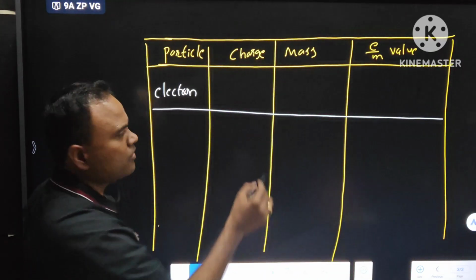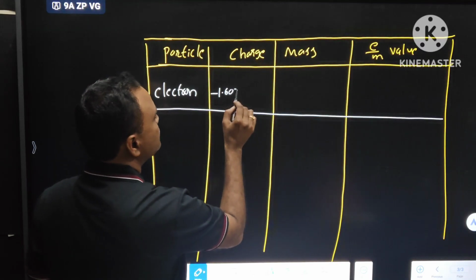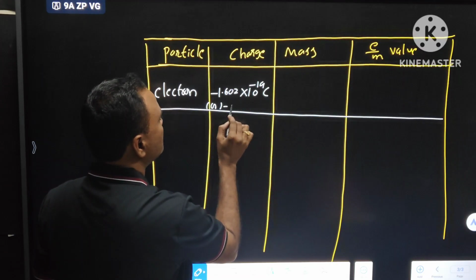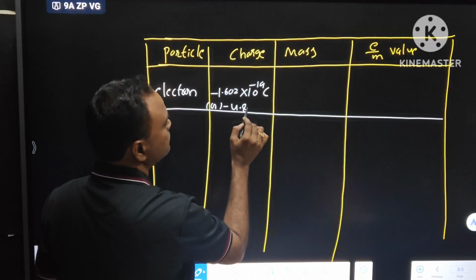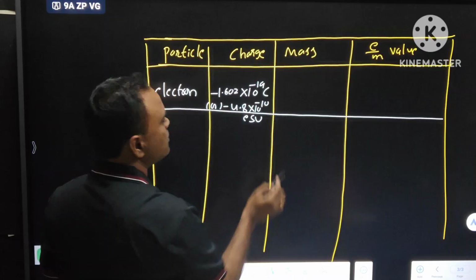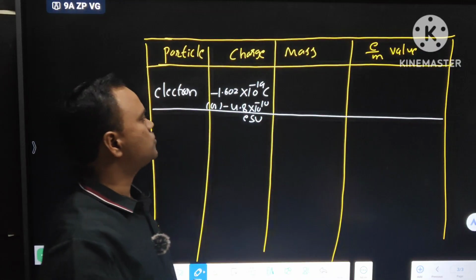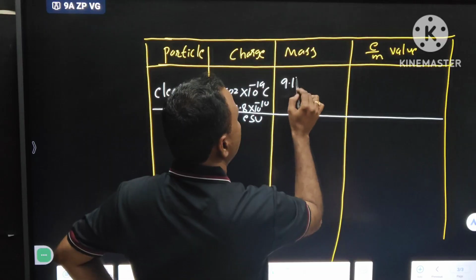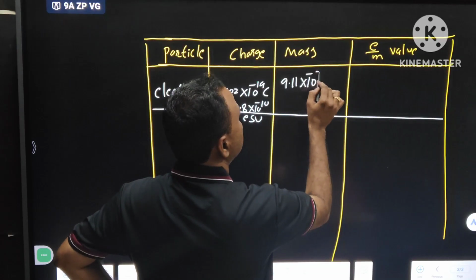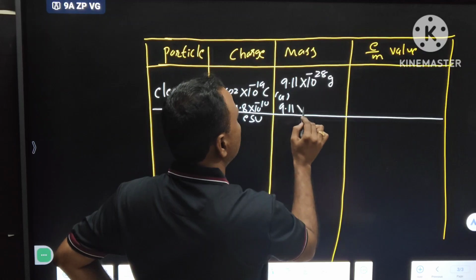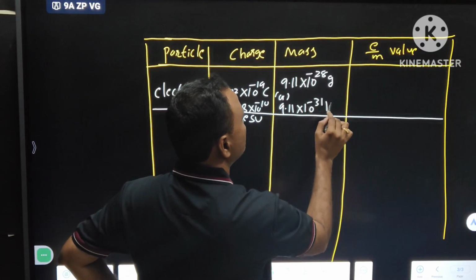Charge is minus 1.602 into 10 to the power of minus 19 coulombs, or minus 4.8 into 10 to the power of minus 10 ESU. ESU stands for electrostatic unit. Mass is 9.11 into 10 to the power of minus 28 grams, or 9.11 into 10 to the power of minus 31 kilogram.